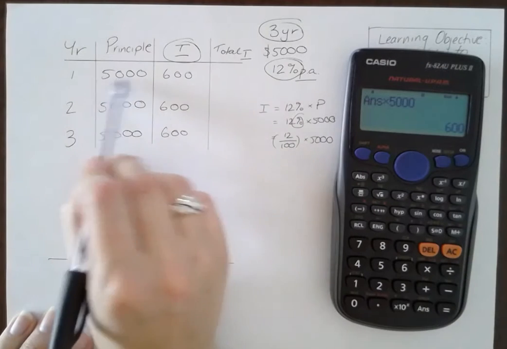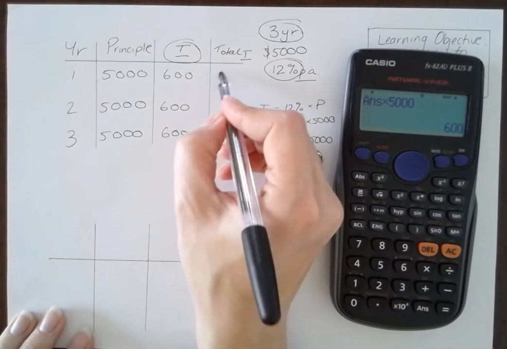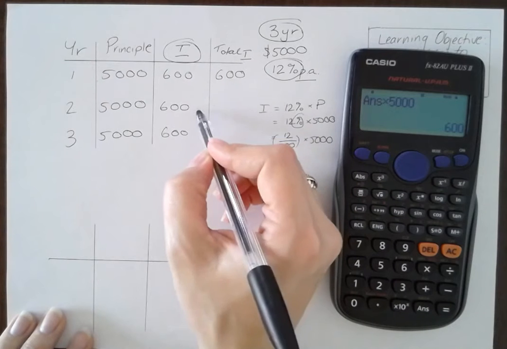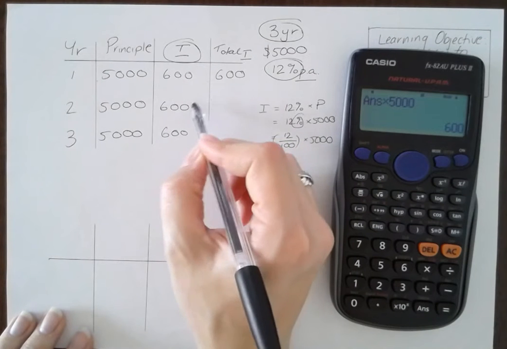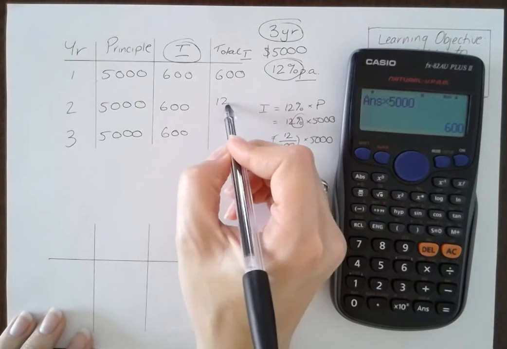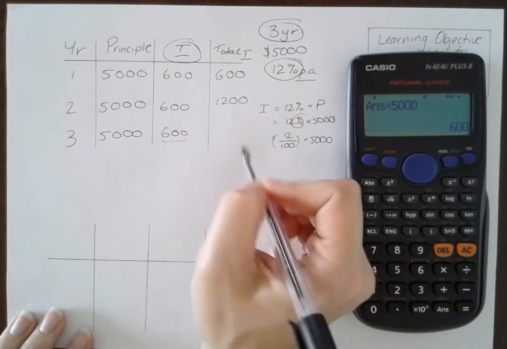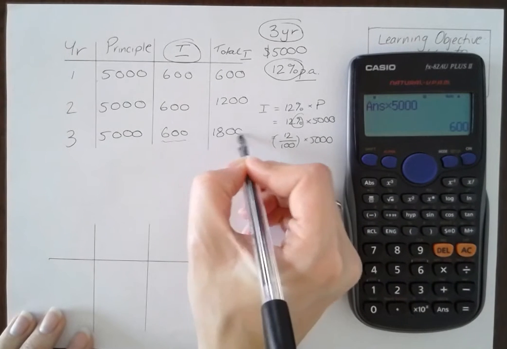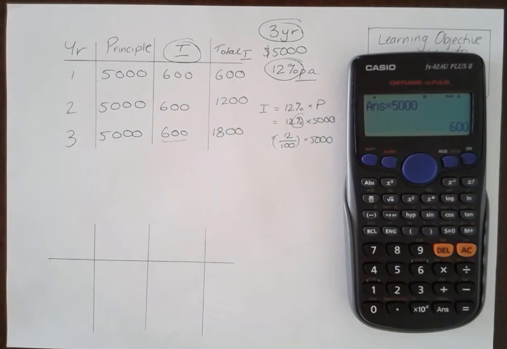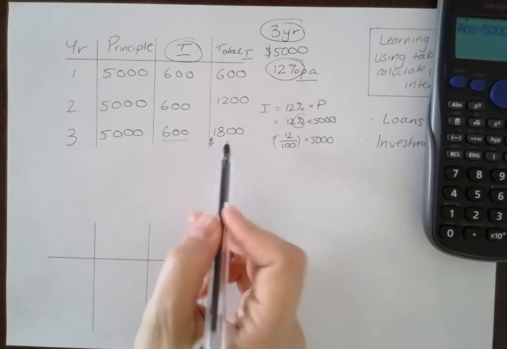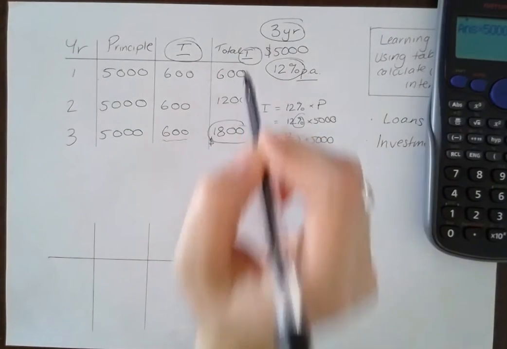So that means after our first year, our total interest is up to 600. But after our second year, we've paid another 600. So 600 plus 600 is 1,200. And then add in another 600 and we are up to $1,800 worth of interest. Now keep in mind, this is just the interest.